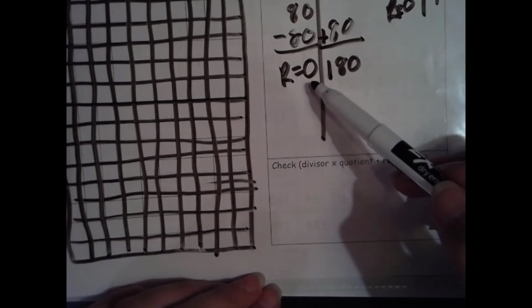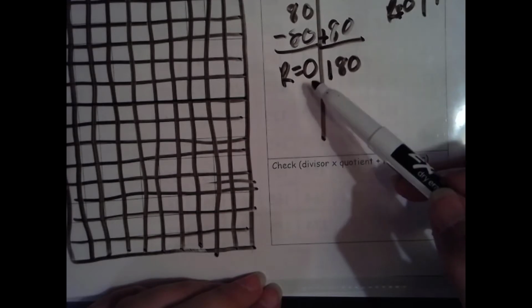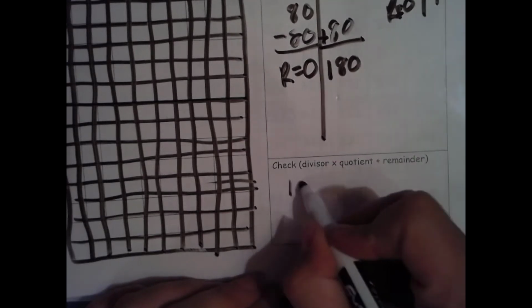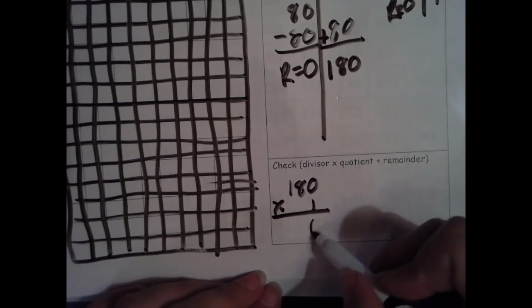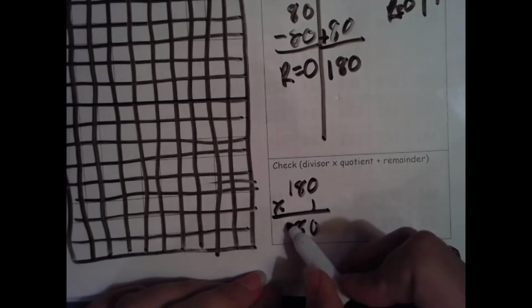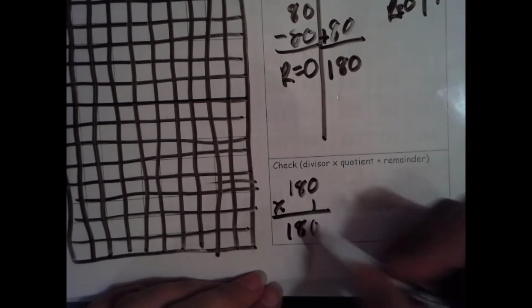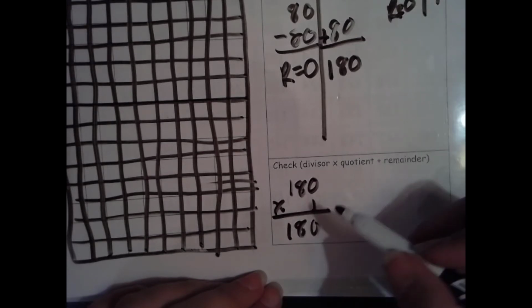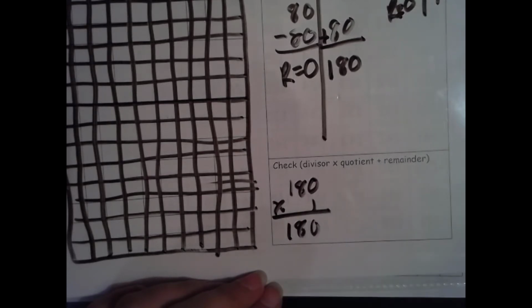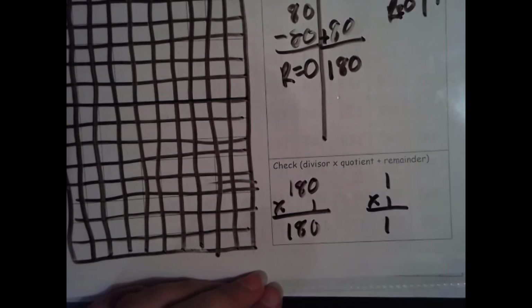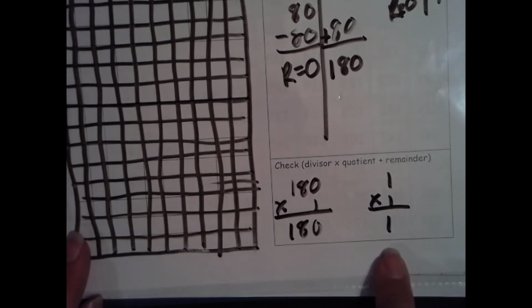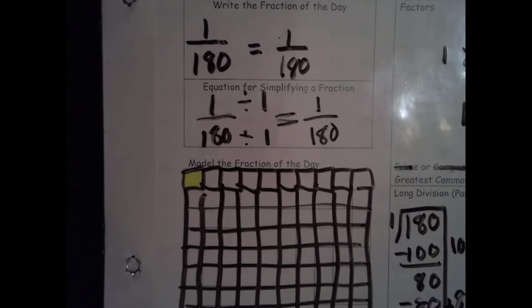Now, since it's 0, and the identity property of addition says when you add 0, it stays the same, we don't actually need to do that. So 180 times 1. 1 times 0 is 0. 1 times 8 is 8. 1 times 1 is 1. This is called the identity property of multiplication. And every time you multiply by 1, it stays the same. Okay, and then we do our numerator. 1 times 1 is 1. So we just checked for sure that 1 over 180 is our fraction.